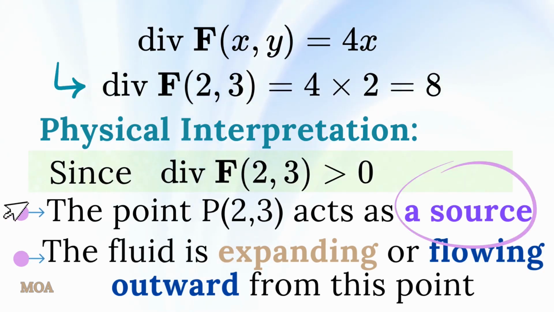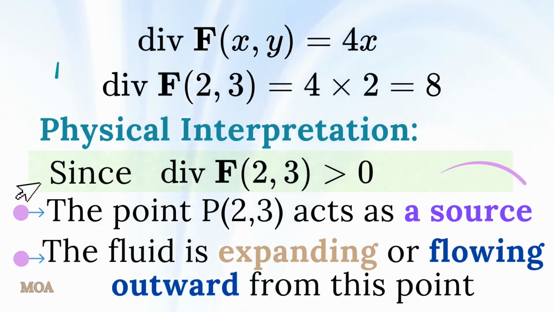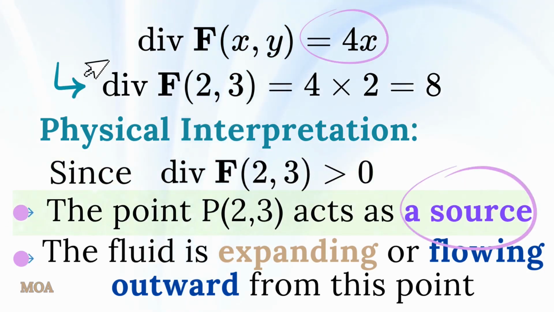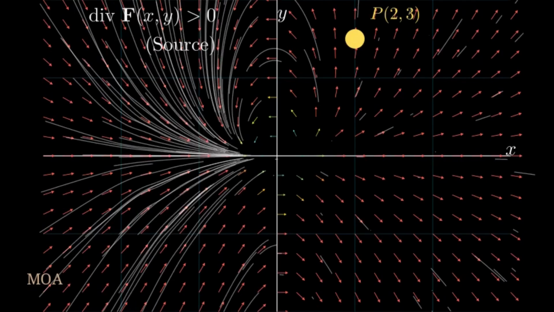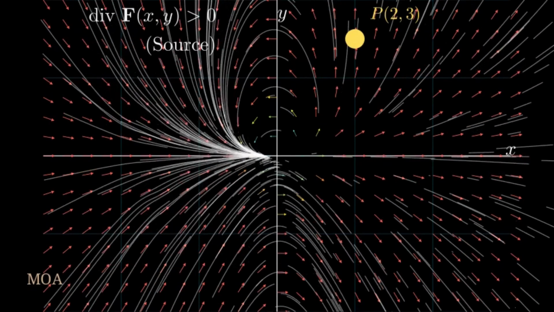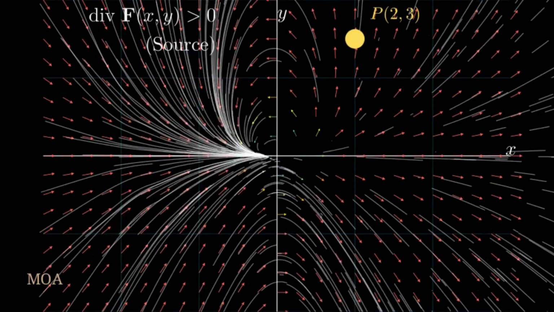Now, what is the physical interpretation of this result? Well, since the divergence of F at the point P(2, 3) equals 8, which is strictly positive, this means that the point P(2, 3) acts as a source. Moreover, the fluid is expanding, or flowing outward from this point.